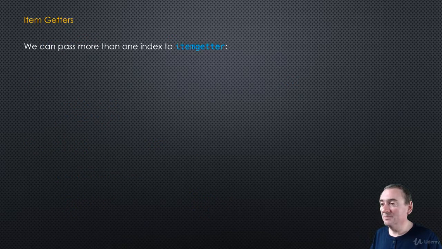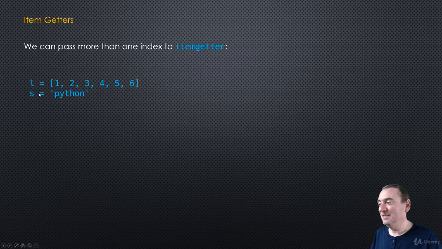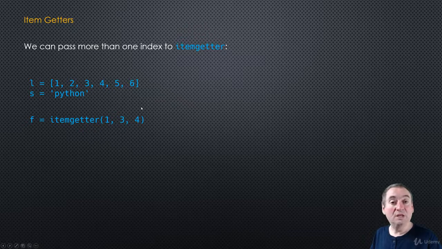So continuing with item getters, we can actually use more than one index in item getter. So for example, let's say we have this list and we have this string. Now we can say f equals item getter 1, 3, 4. So it takes a variable number of positional arguments. So we're saying that this callable is something that's going to return the elements at index 1, 3, and 4, and will return it in a tuple.